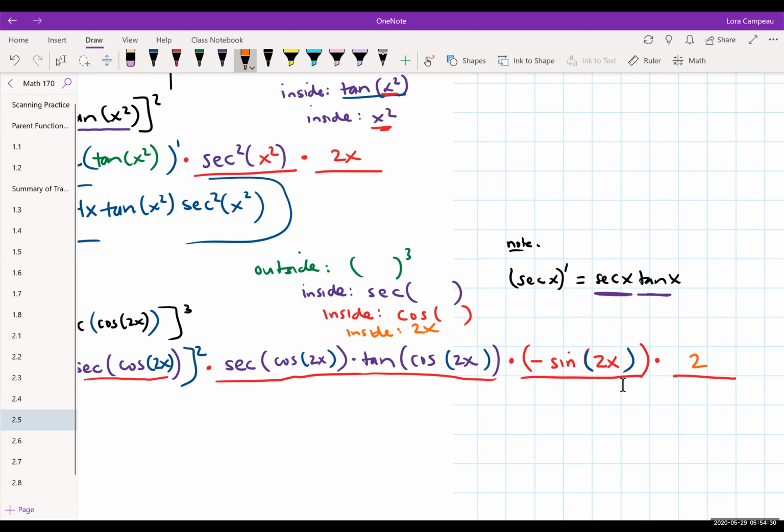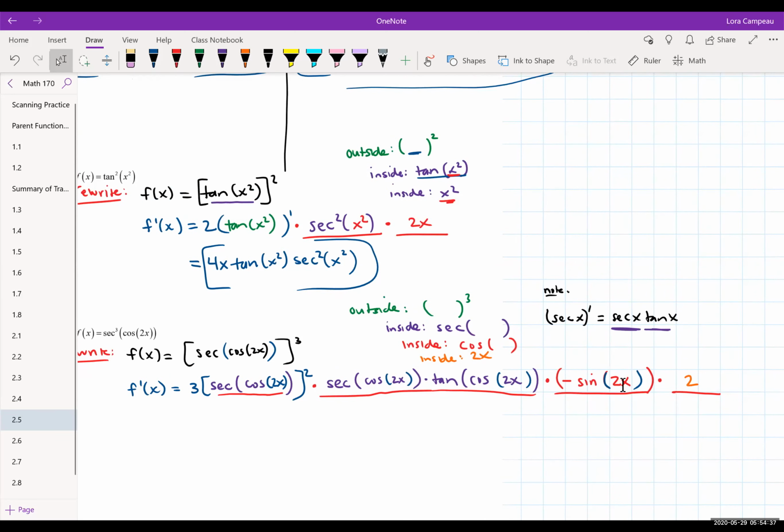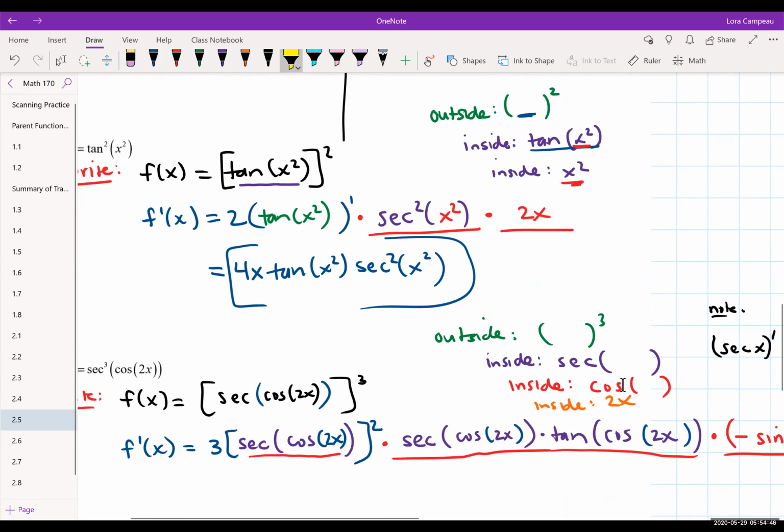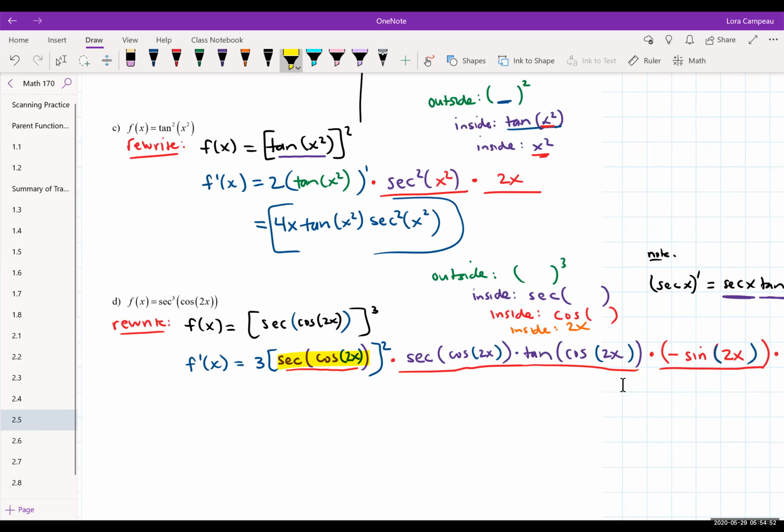So I got to shrink it down a little bit so we can see this better. I'm going to rephrase this just in case. As we were going through this, we were keeping attention to our inside. Once you took the derivative of the outside, the next step was to chain on the link of the derivative of the inside. So these two derivatives go hand in hand.